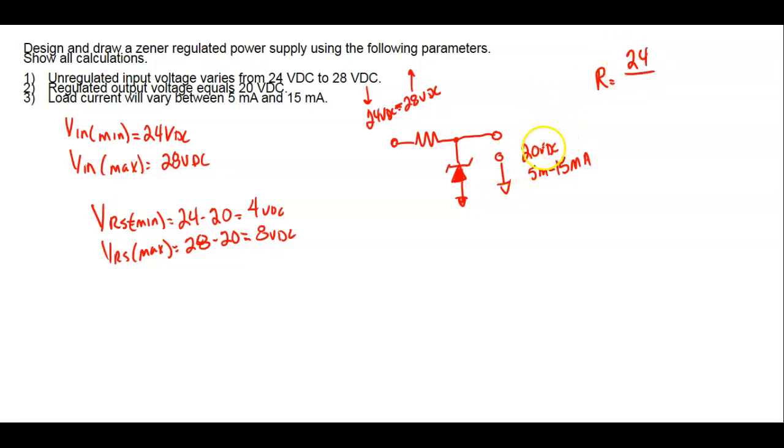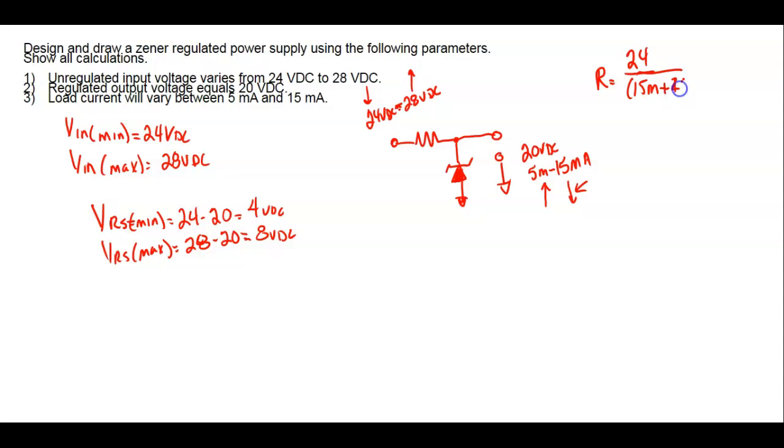Then on the current, we know that if load current goes down, Zener current goes up. If load current goes up, Zener current goes down. So that means we're going to use the maximum current. So I'm going to use 15 milliamps, and then we've got a guaranteed current flow. So we're going to add the IZK.